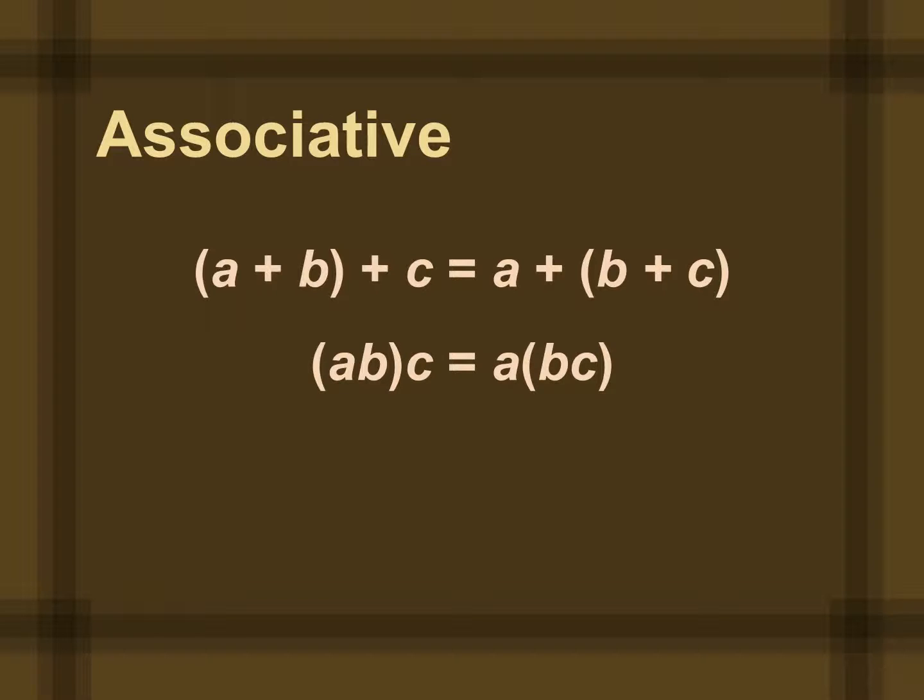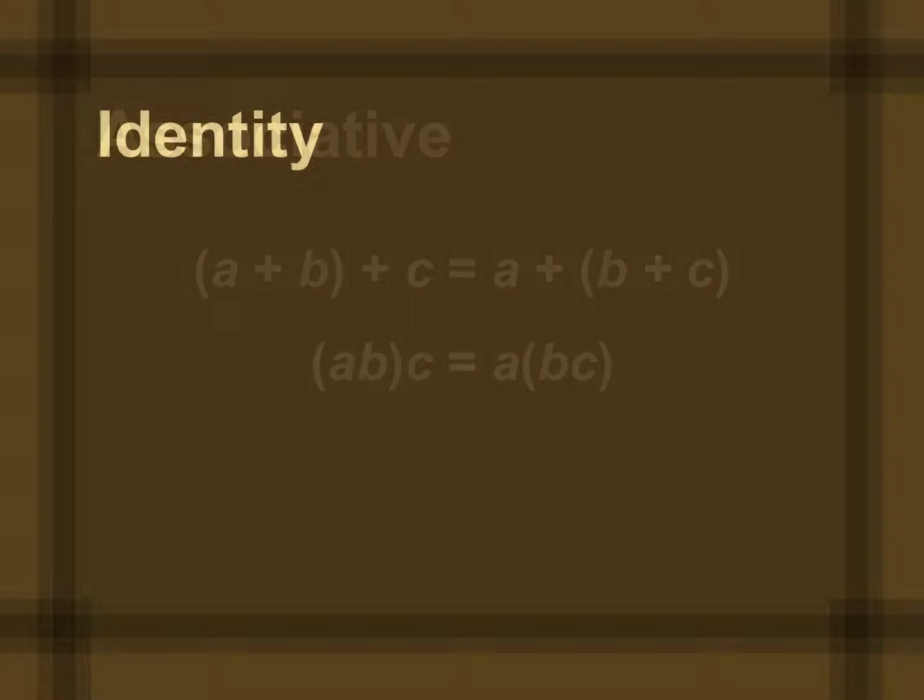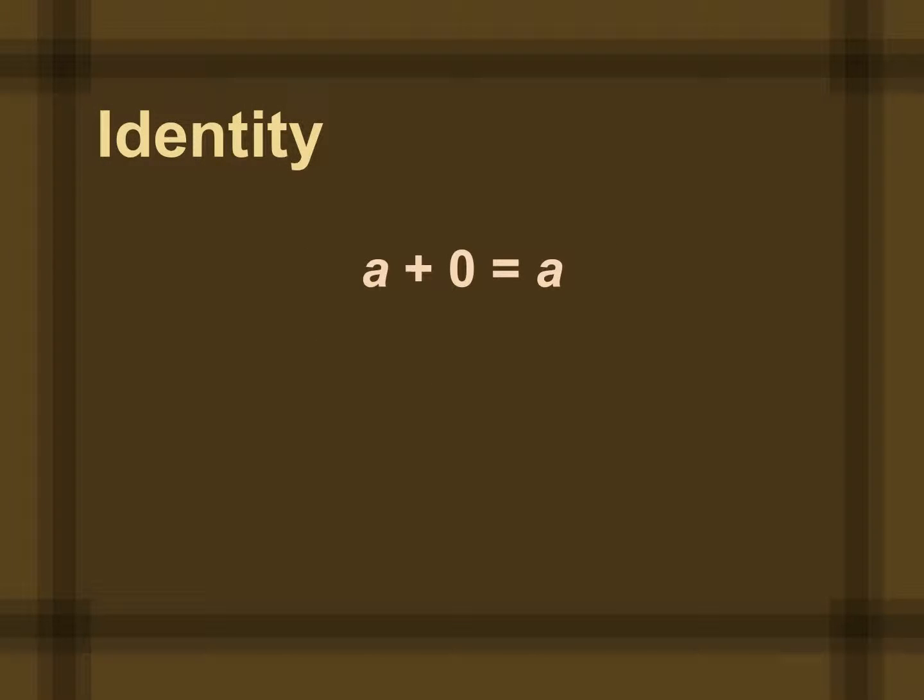And you can have the associative property of addition and the associative property of multiplication. Then we have what's called the identity property. The identity property is when you do an operation and you end up with the same thing. So for addition, it's when you add 0, and when you multiply, it's when you're multiplying by 1. If you're adding 0 or you're multiplying by 1, it is called the identity property.